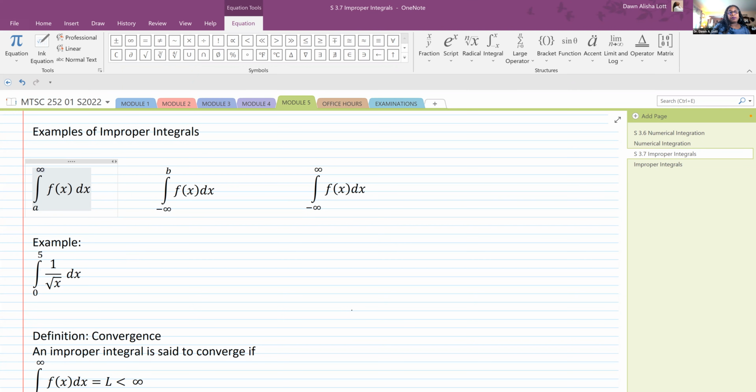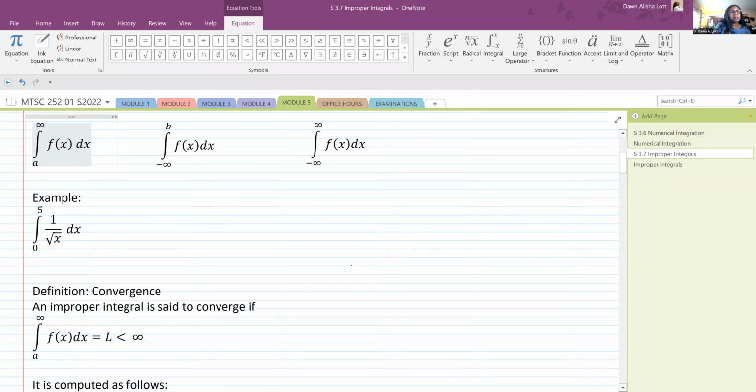We also have some other types of integrals. If you notice this integral, which goes from 0 to 5 of 1 over the square root of x dx, can anybody give me an idea of what they think might be wrong with this integral? What might be wrong with this integral? Anybody have an idea?